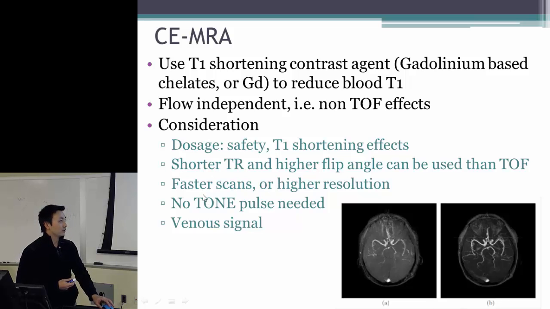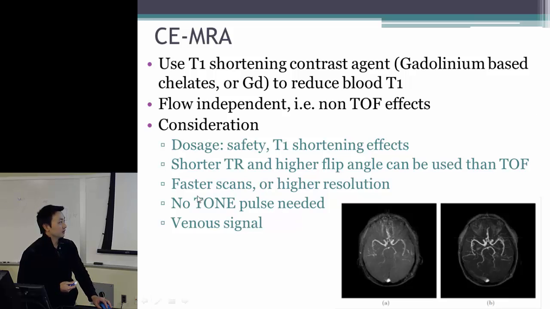For the considerations for contrast-enhanced MRA, the first thing is of course safety, because gadolinium-based contrast agents are extracted from the bloodstream by the kidney. So if the patient has some kind of kidney problem, it is not advised to use the contrast agent to do the MRA.